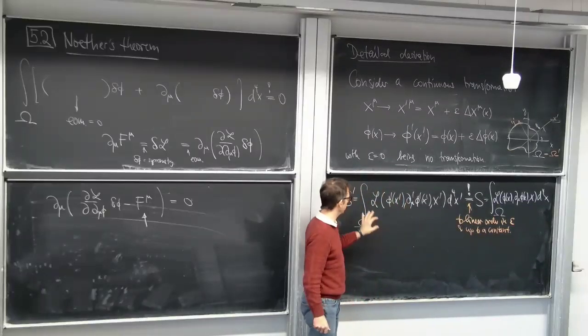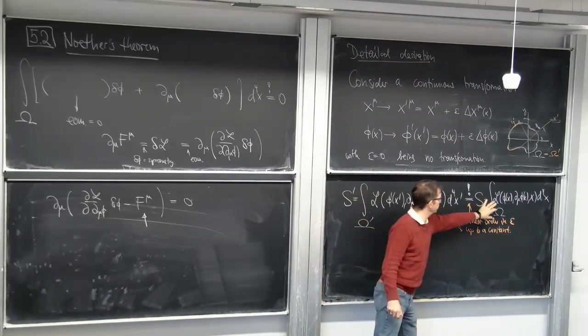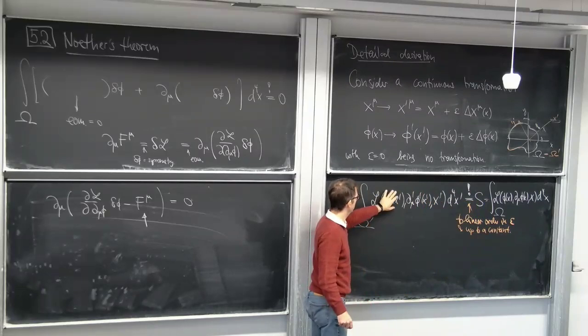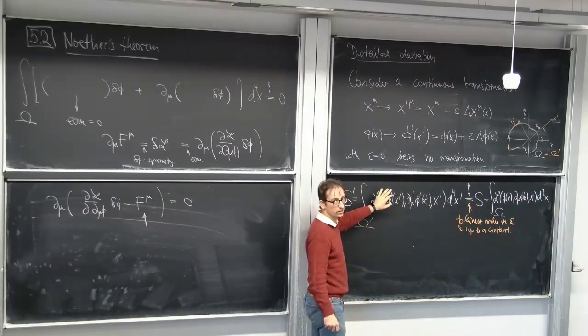But since it's the same, I can transform this back to here, because at the end I want to compare it, so it's useful and important to do the change of coordinates here.